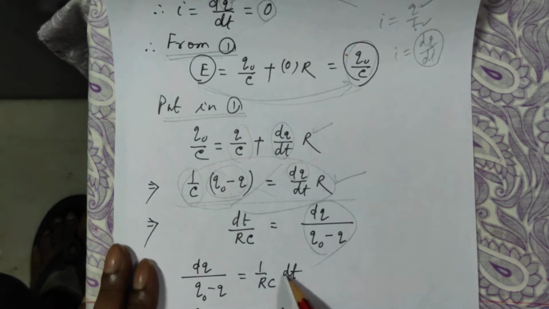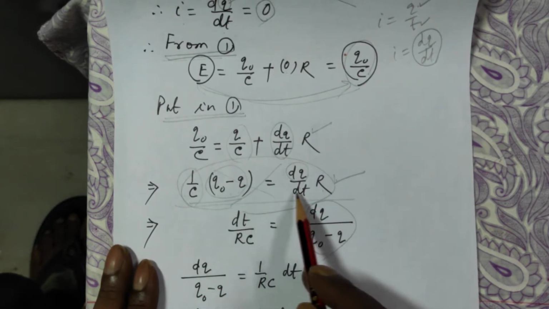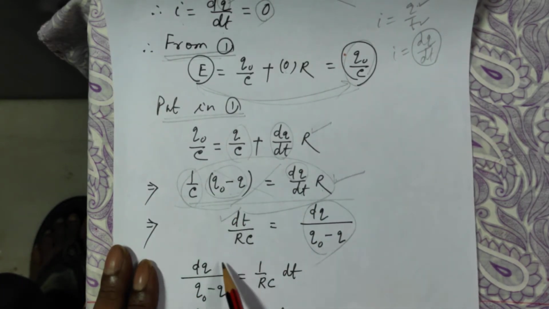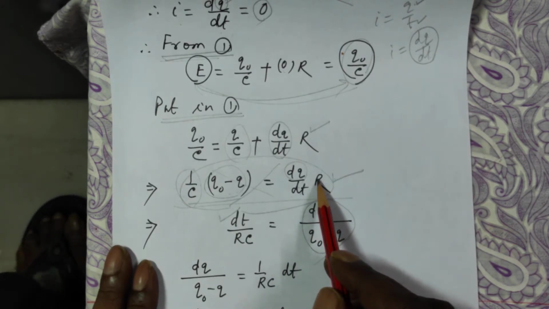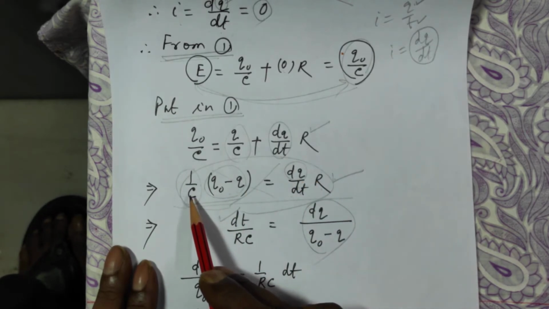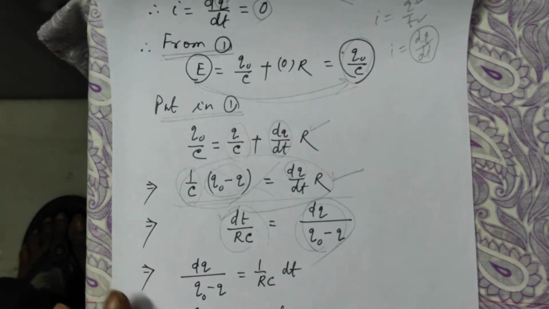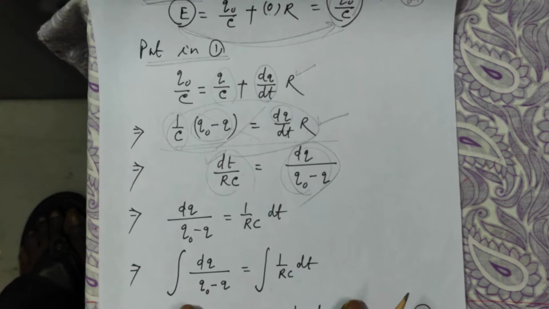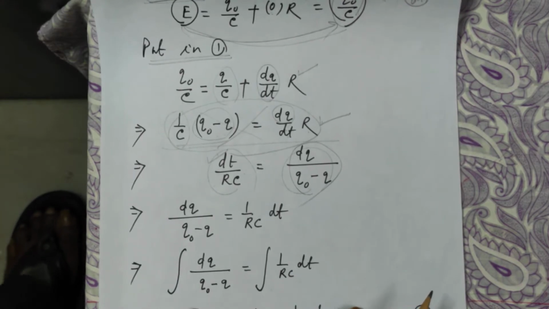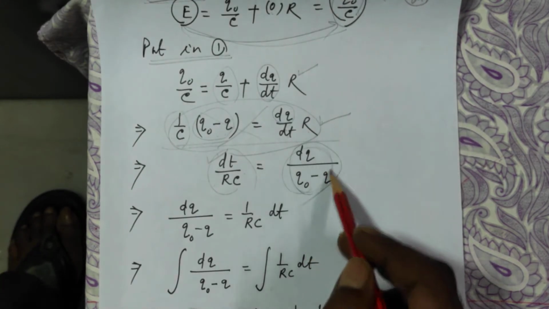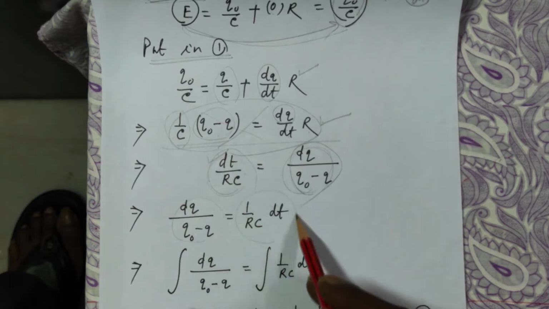Take dt from this side to this side. It was in the denominator, it will come to the numerator. R was in the numerator here; when it comes to this side, it will be divided in the denominator. So 1 by RC dt is equal to this. Rearranging the terms by cross multiplying and changing sides, let us write dQ by Q naught minus Q on the left hand side and 1 by RC dt on the right hand side.